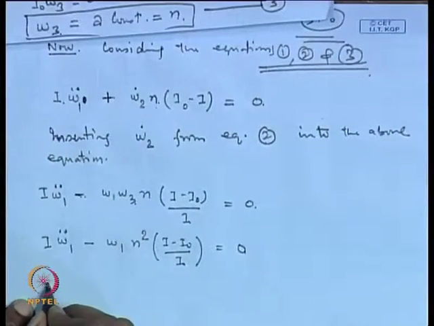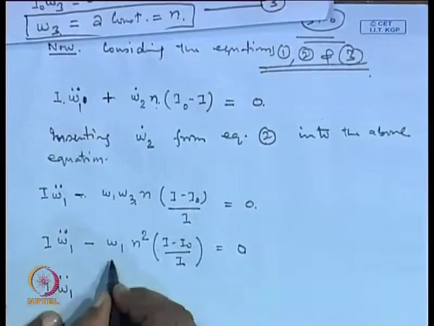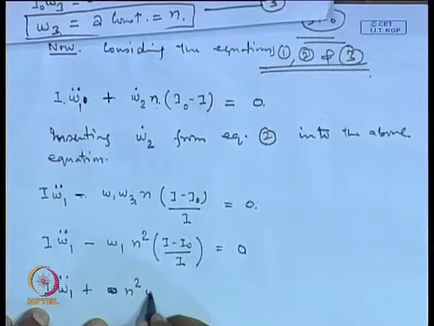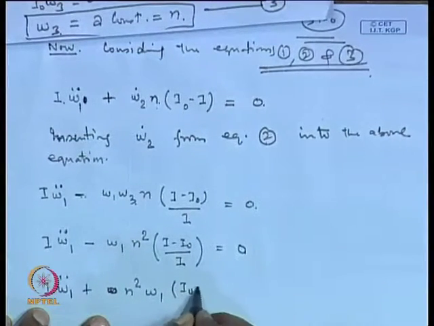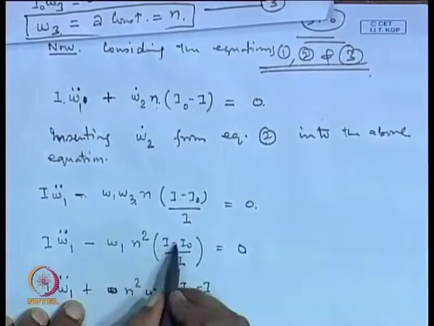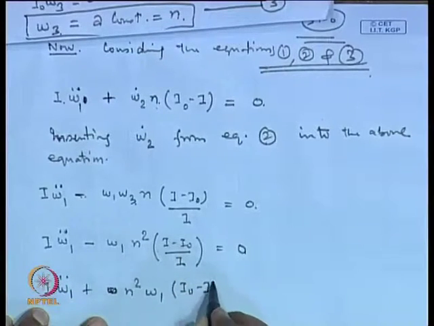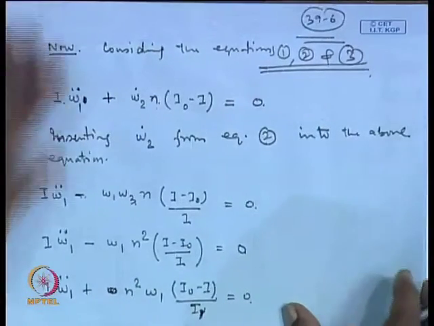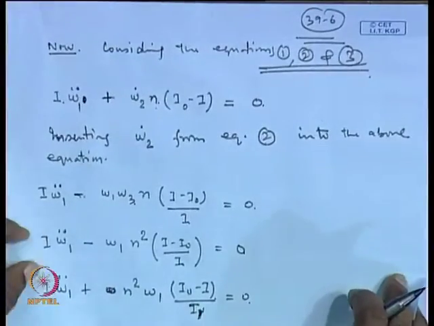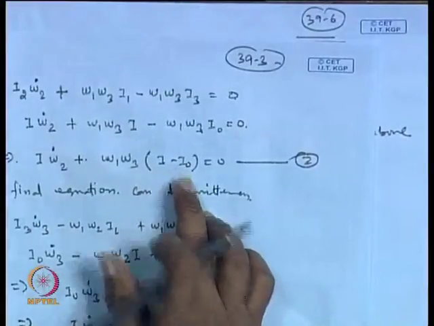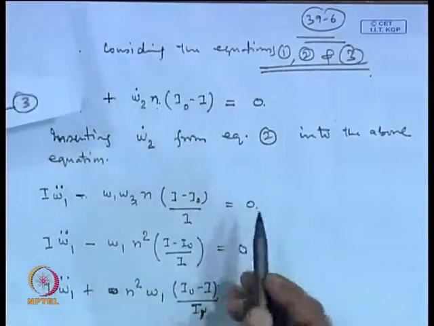If we do a little more manipulation by rewriting in this way, n square times omega 1 times I 0 minus I, we are taking the negative sign out of the bracket, divided by I, this is equal to 0. Okay, one more thing, here we have I minus I 0, and I 0 minus I was already present.